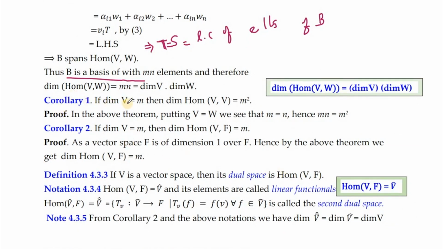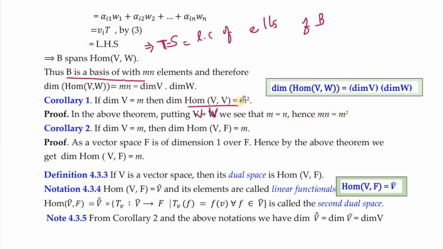Now suppose we have the dimension of V to be m. Then the dimension of W, in this case we will not have W, because we are asked to find the dimension of Hom(V,V). So by just taking W as V, we get m to be equal to n, and therefore mn becomes m squared.